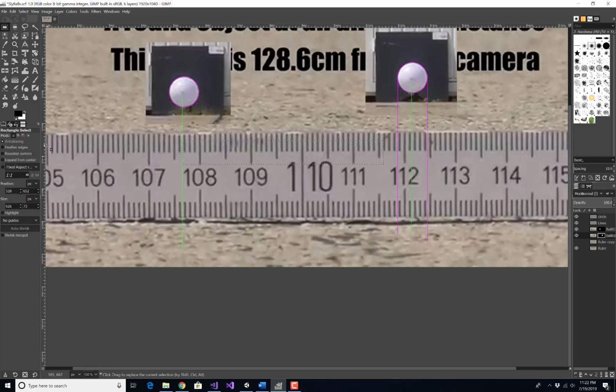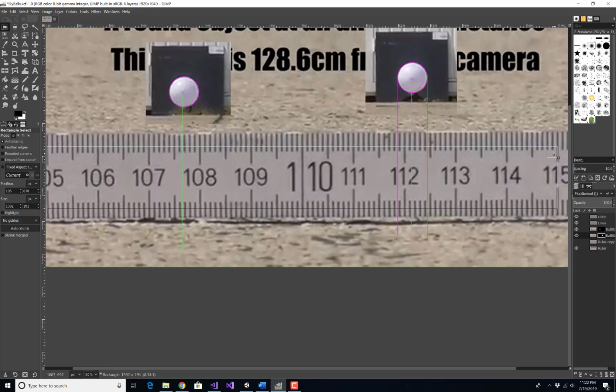I'm going to measure a large section of the ruler to maximize my accuracy, so any one pixel here or there is going to change the result. Maximize your accuracy by making that a wide distance.